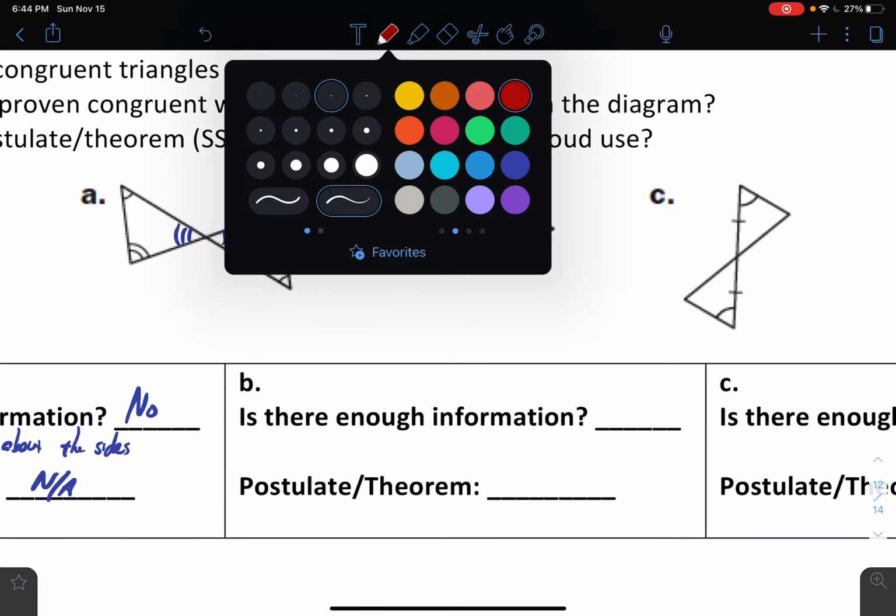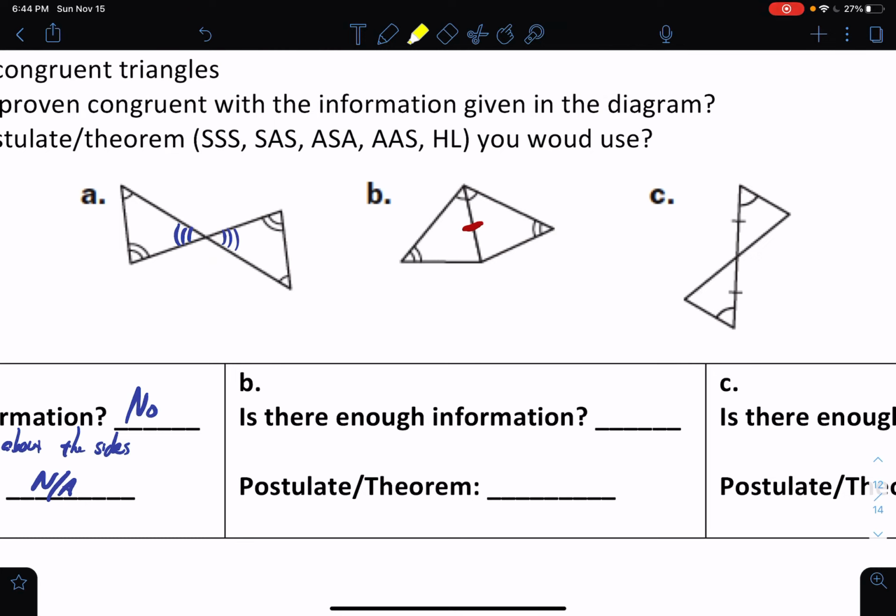If I start here, let me get my highlighter, angle, then I have another angle, and then I have a side. In my other triangle, I have angle, then another angle, then that shared side. So is there enough? Yes. What's my theorem? Angle angle side.